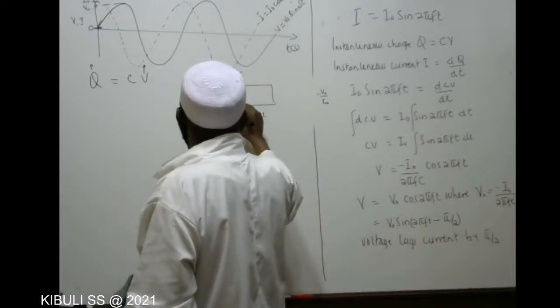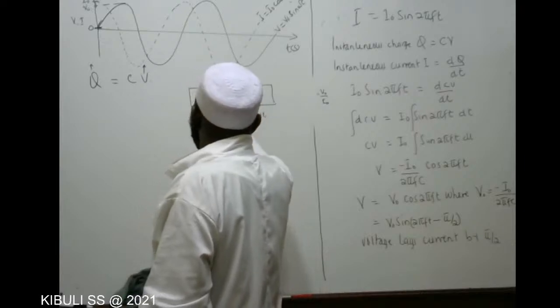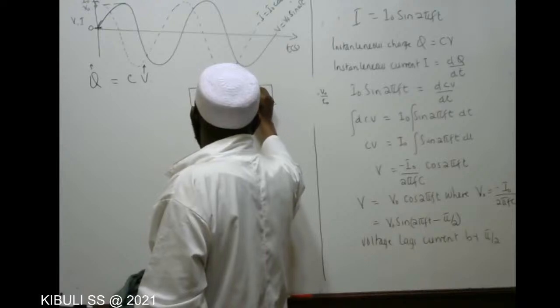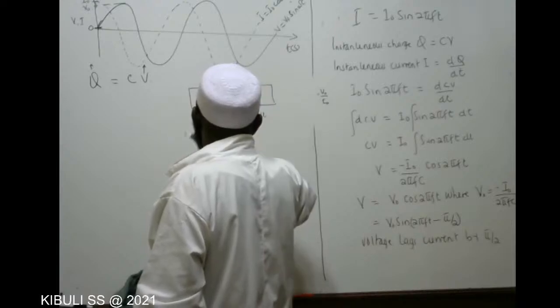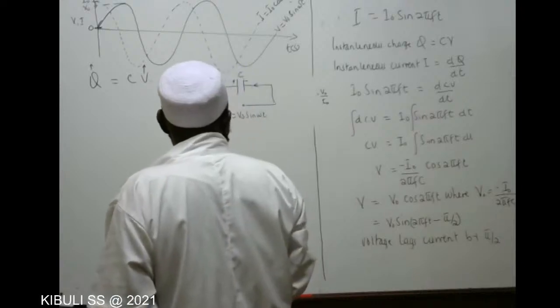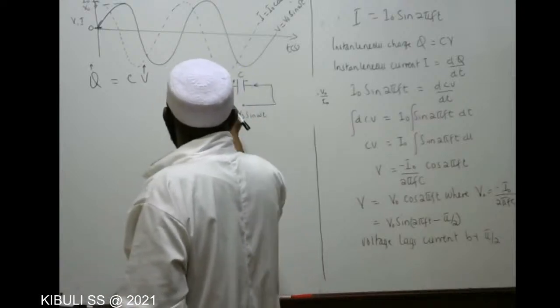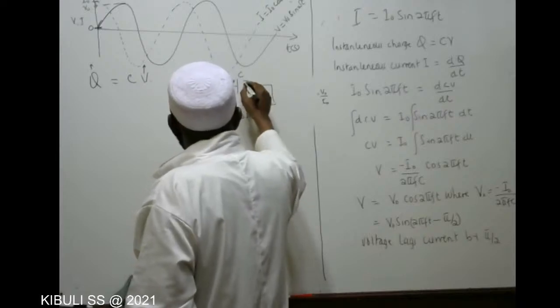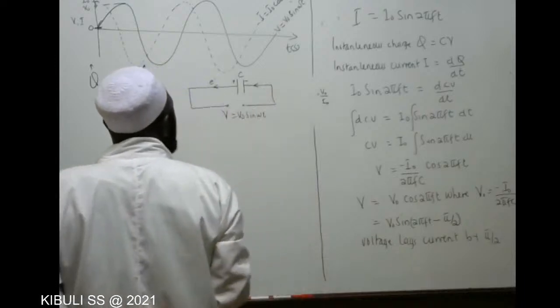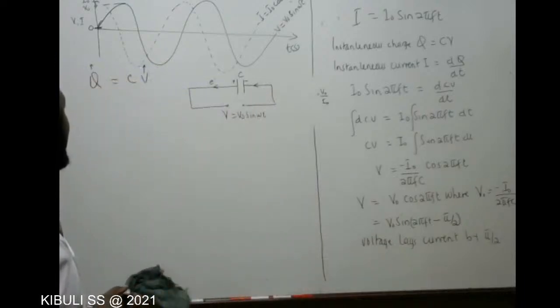In other words, electrons start drifting from one side to another side, such that this one becomes positive and that one becomes what? Negative. Now, when the voltage is increasing, the charge already present on this negative plate starts repelling the incoming electrons.